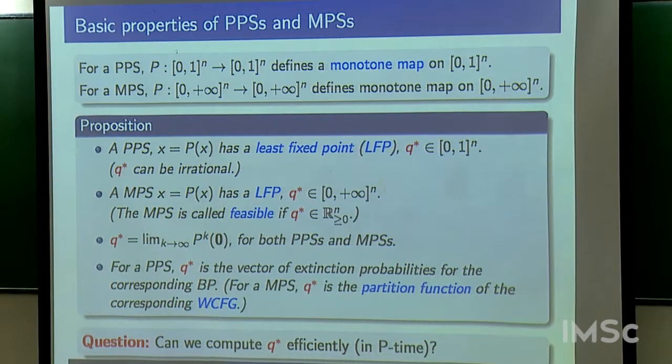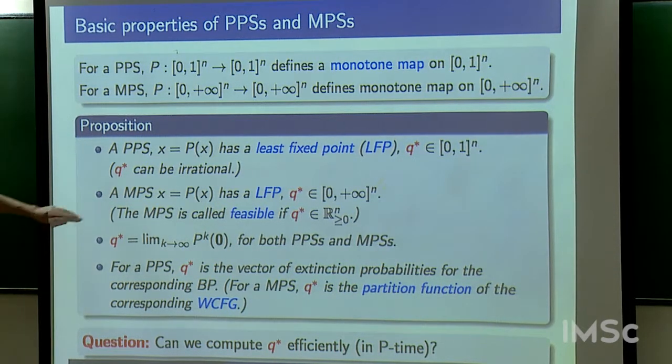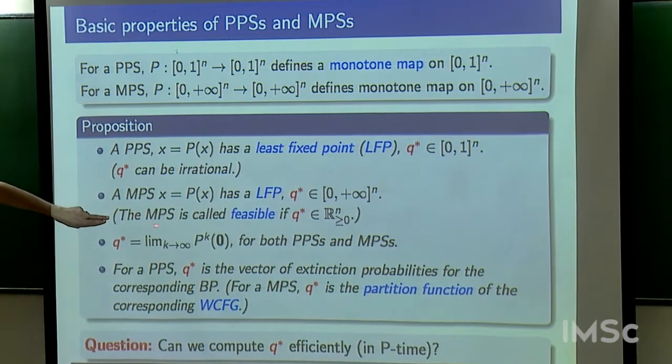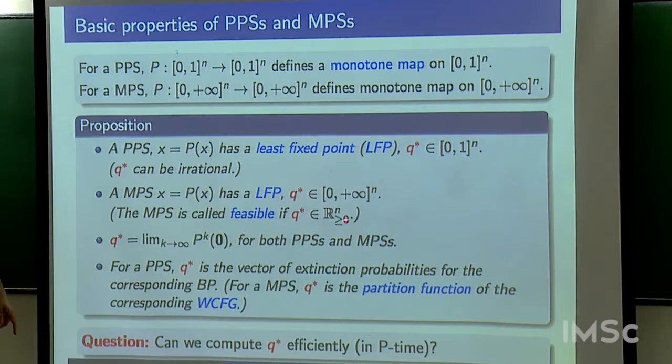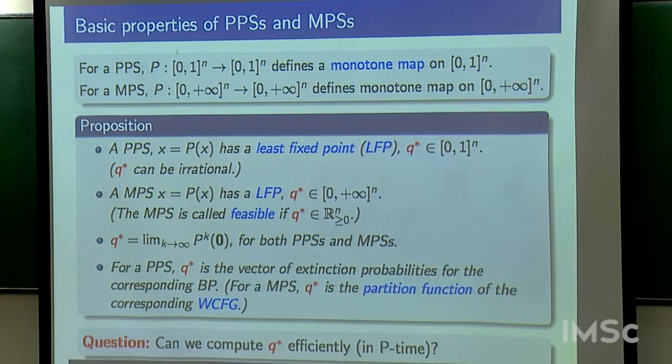Again, this is a consequence of Tarski's fixed point theorem because this defines a lattice, and by Tarski's theorem, it has a least fixed point. Let us call these monotone polynomial systems feasible if the least fixed point is non-negative.